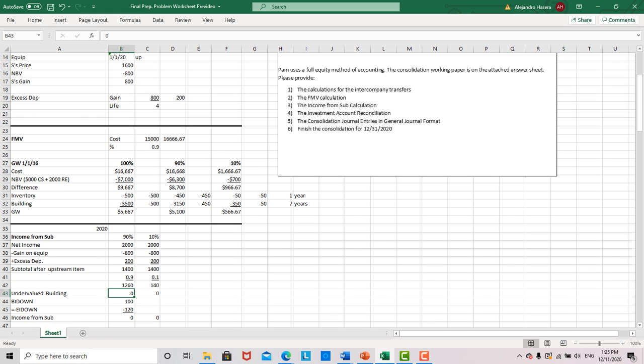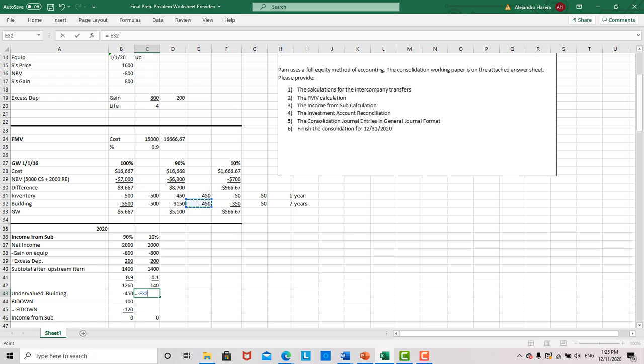Okay, and now all we have to do is take our undervalued building. Our undervalued building is minus 450 for the controlling interest, and minus 50. What am I doing? That is equal to minus 500. Took the wrong row there. It's the same number, it turns out.